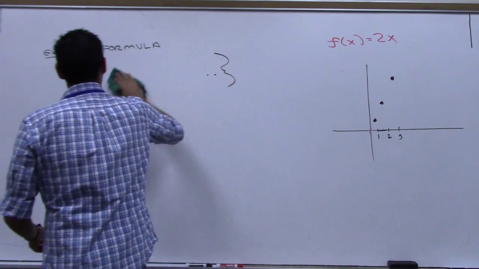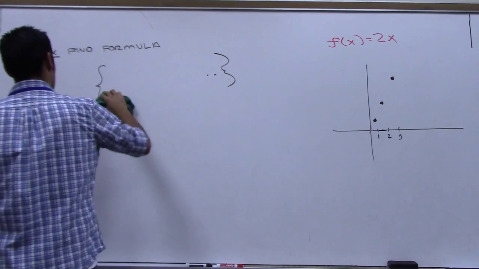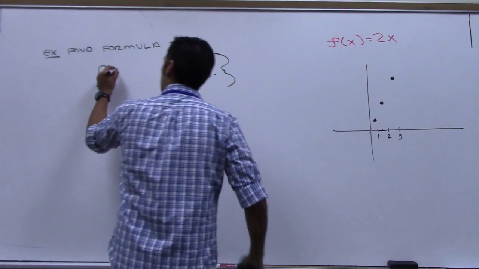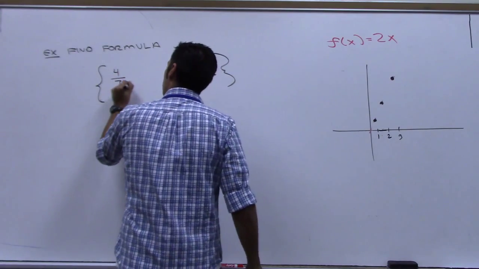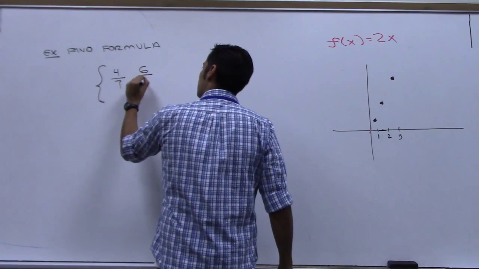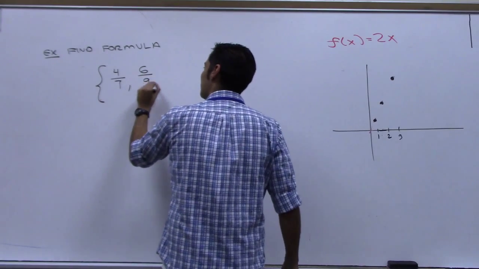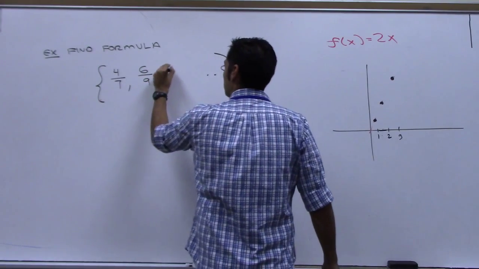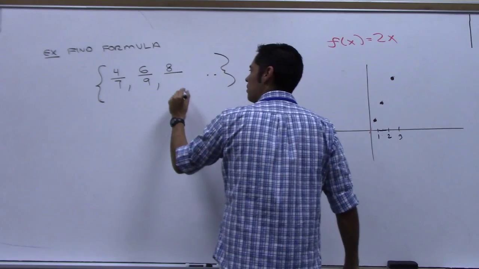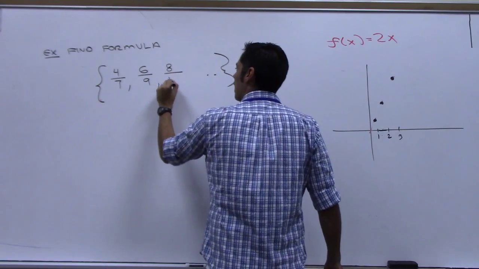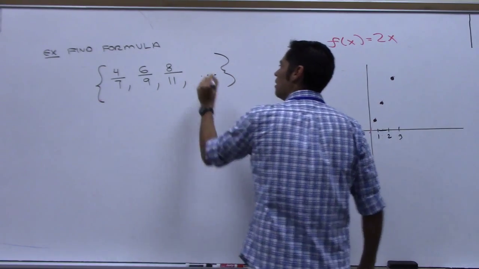How about this? Four sevenths, 6 ninths. I'm not going to reduce these fractions if they do reduce. 8 elevenths, dot, dot, dot.